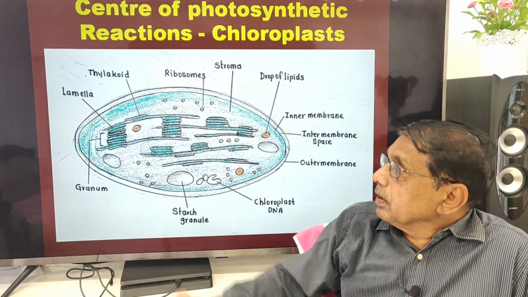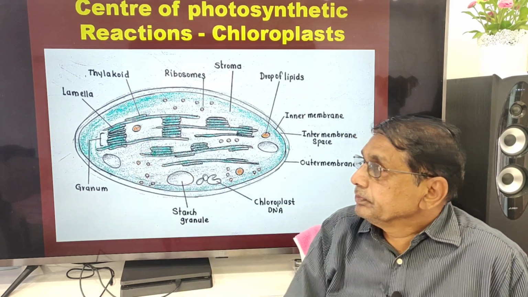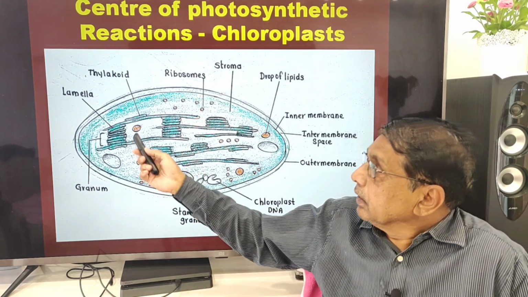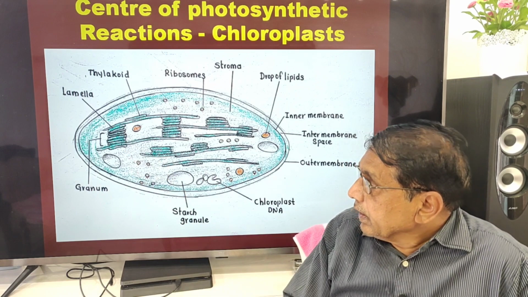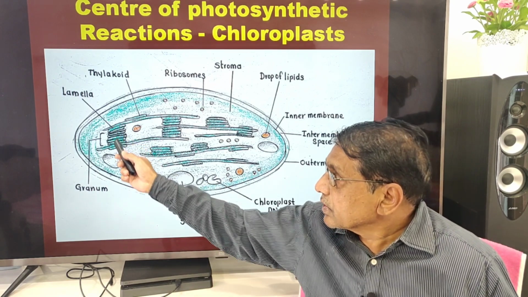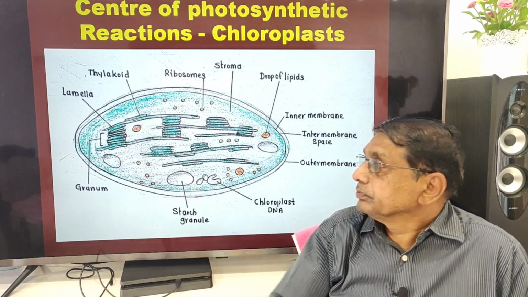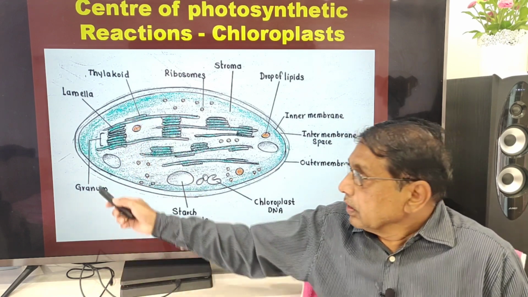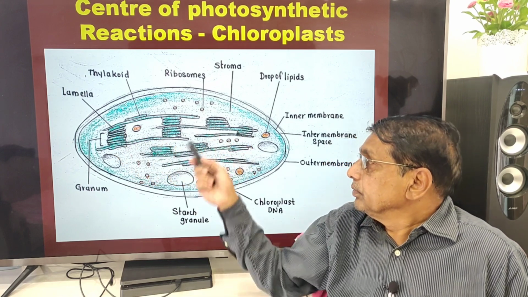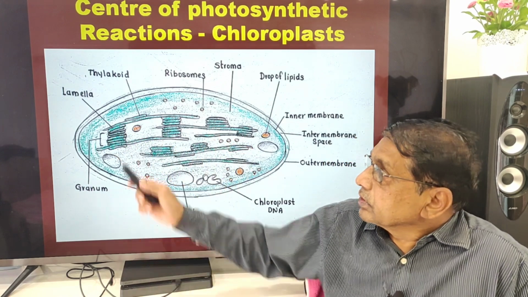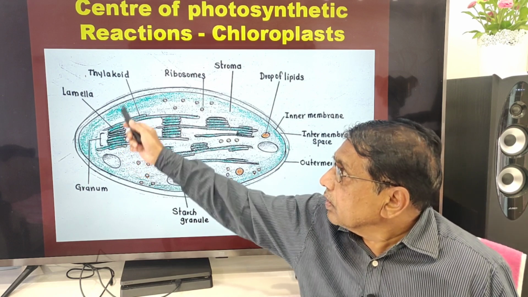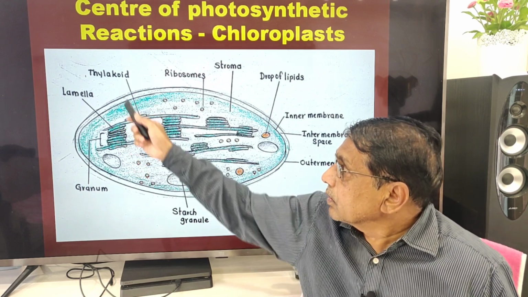Inside the stroma are thylakoids. At some regions these thylakoids are arranged like sac-like structures. This is known as granum or grana. These individual structures are known as lamellae or thylakoids.